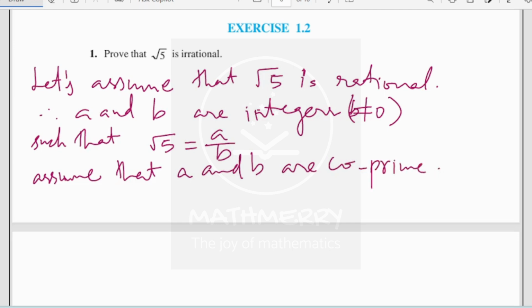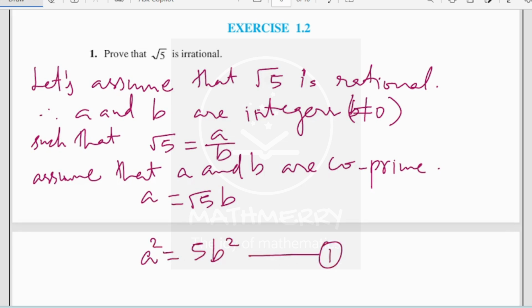Now we can say a is equal to root 5 into b. So squaring on both sides, we get a square is equal to 5b square. Let's call this equation number 1.